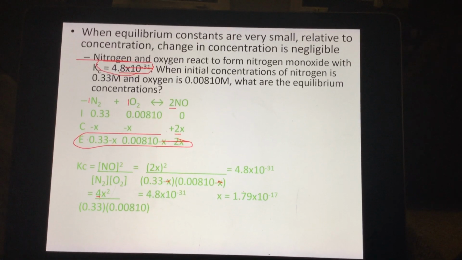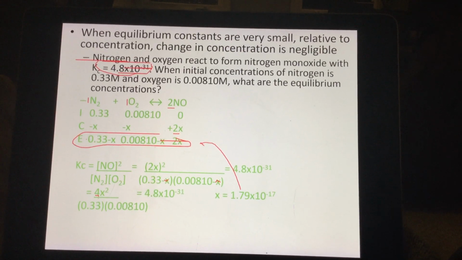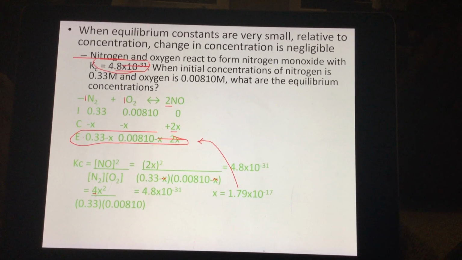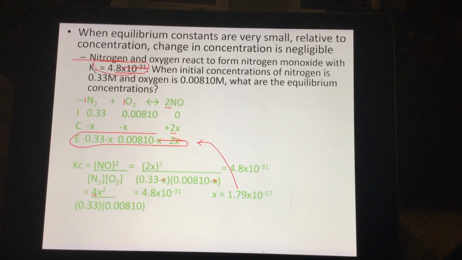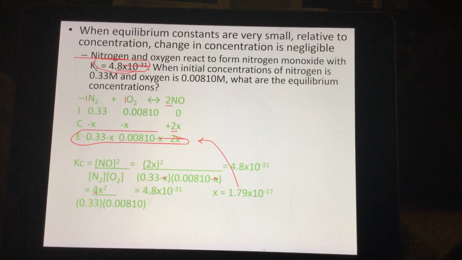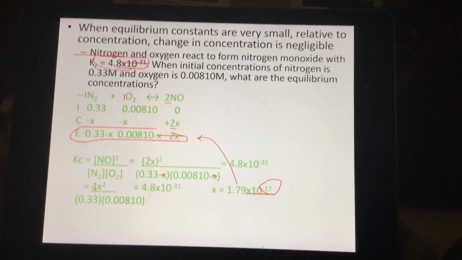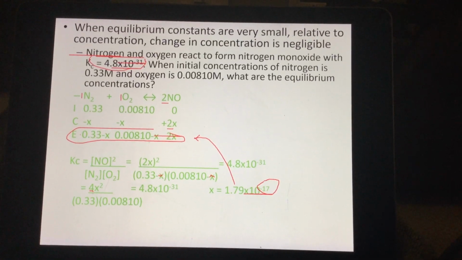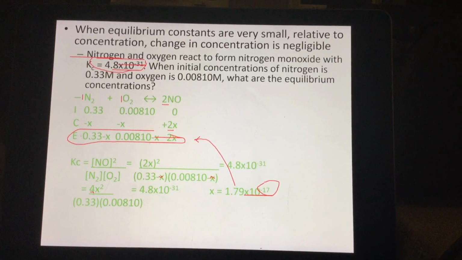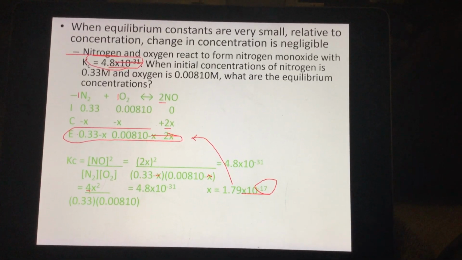So now that we figured out what x is, we can bring that back up to our equilibrium values and plug that in. And as you can see, look at how tiny x is. X is times 10 to the negative 17. So even if we wanted to, if we took 0.33 and subtracted this value, it's not going to change anything.